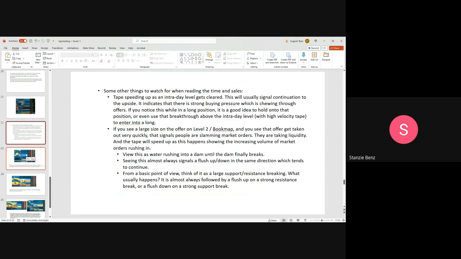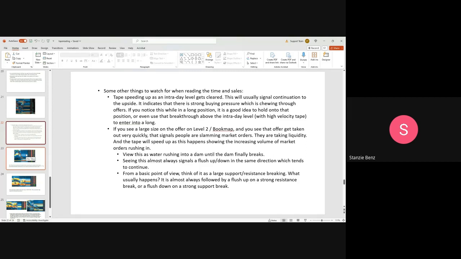You recognize those zones and support your move. But if you see price get to these zones, the red zones, and you see the tape speeding up but the price is not bouncing, there's a very, very good chance that once that zone is broken, the price will not retest it and it'll just continue in that direction.